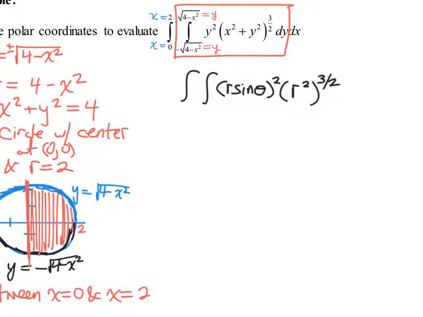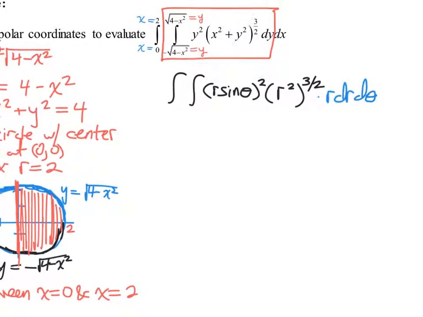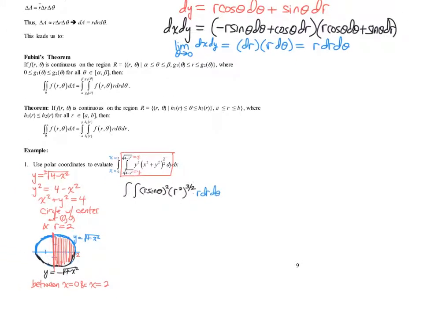And then I'm going to tack on an r, so times r dr d theta. Wait, why, I'm sorry, why did you do the r dr d theta? Because of this. Because that's what dx dy is equivalent to.